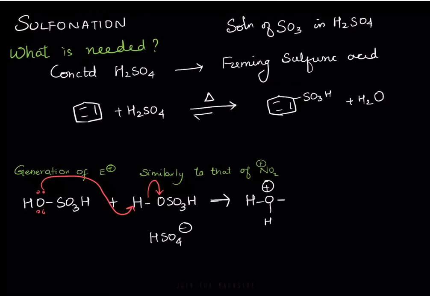The leaving group right here is water, similar to the one that is synthesized in the nitration reaction. And since water is going to leave, this part is going to be the electrophile. So that's the electrophile.